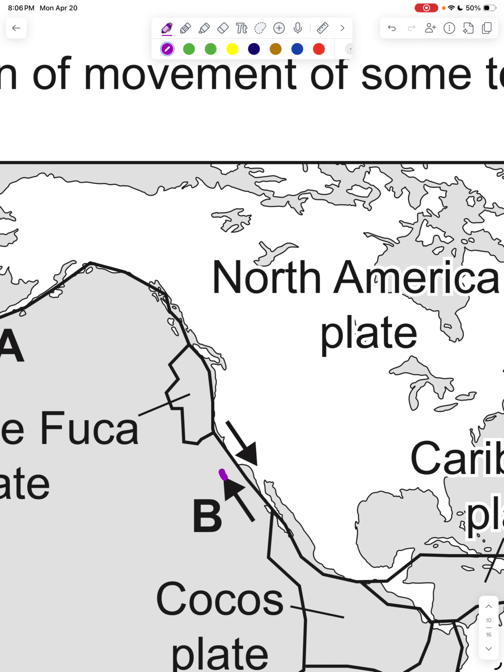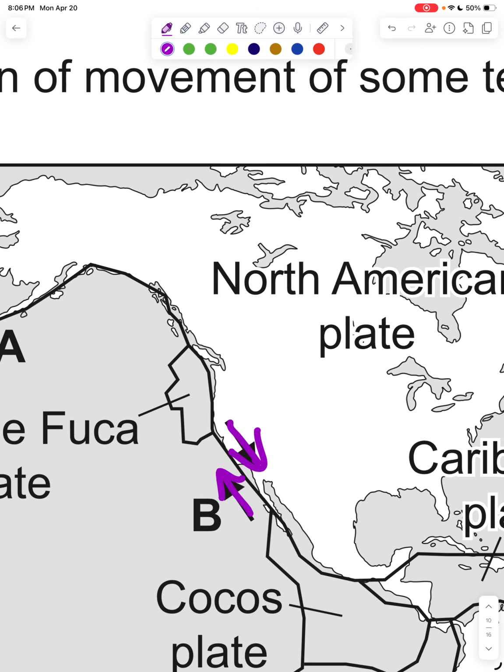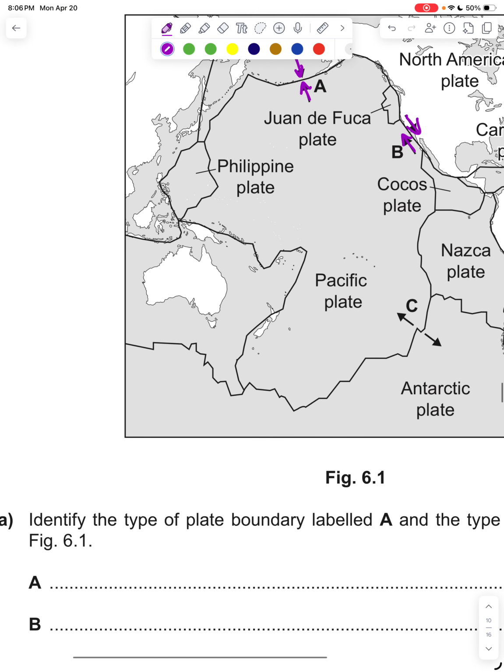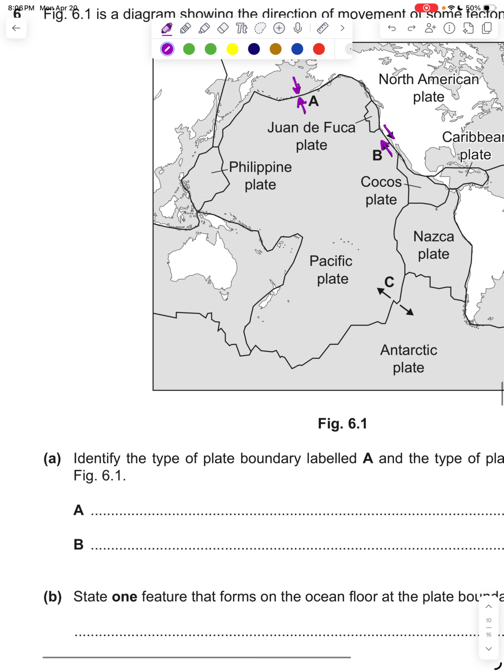And B, they are moving in anti-parallel directions, or sliding past each other laterally. And that's a transform boundary. A is a convergent boundary. B is transform.